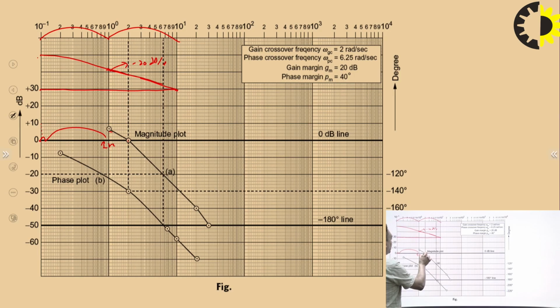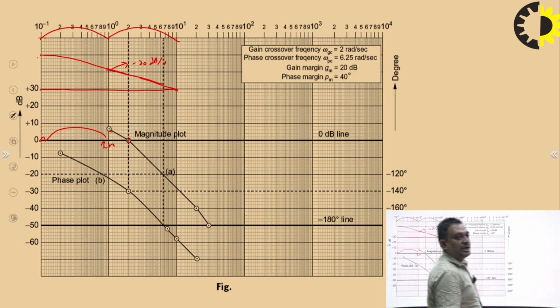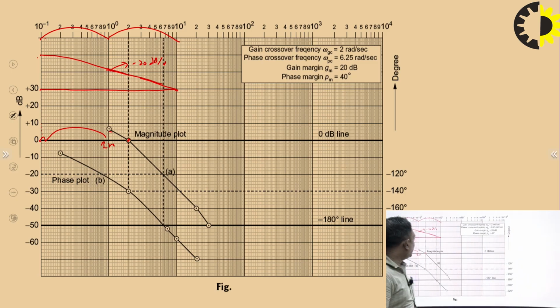This is the point which is of interest for us, because at this point our magnitude plot cuts the 0 dB axis, and its value is around 2 point something. And this is the phase plot.